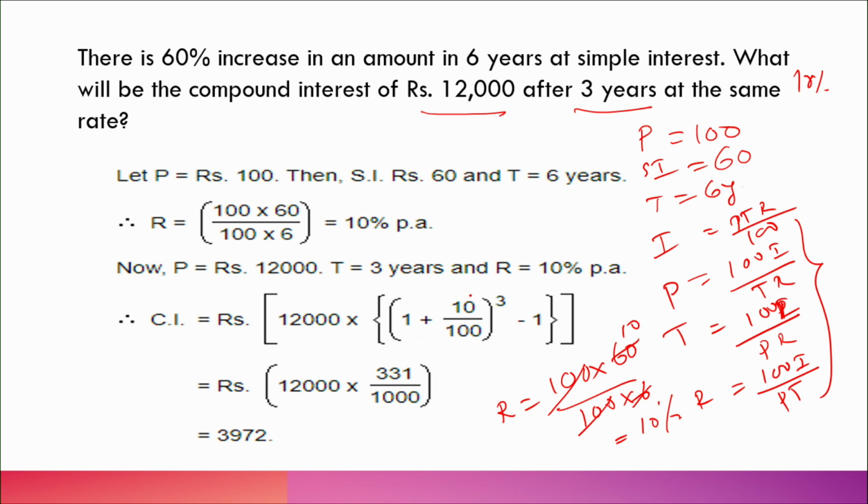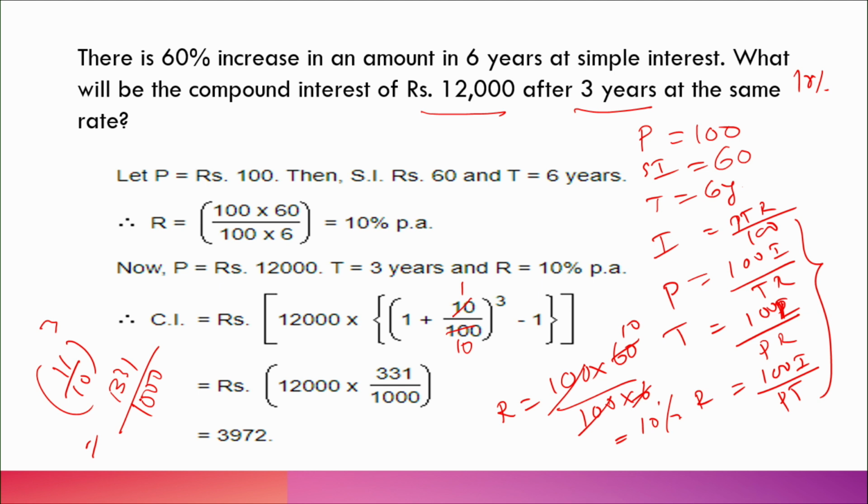So, we can say 10 ones are 10, 10 tens are 100, correct, meaning 1 plus 10 by 100 is 11 by 10. So 11 by 10 whole cube. 11 cube is 1331, correct, and 10 cube is 1000.